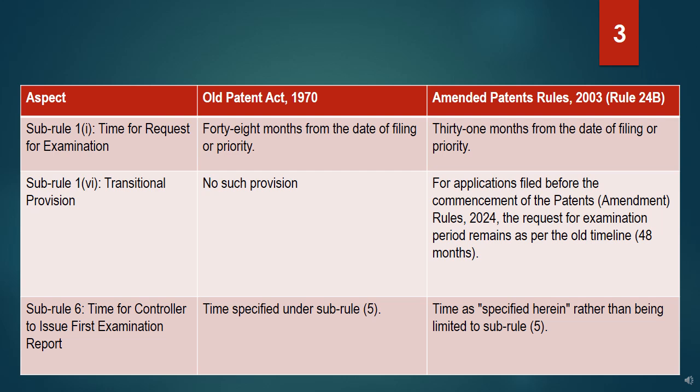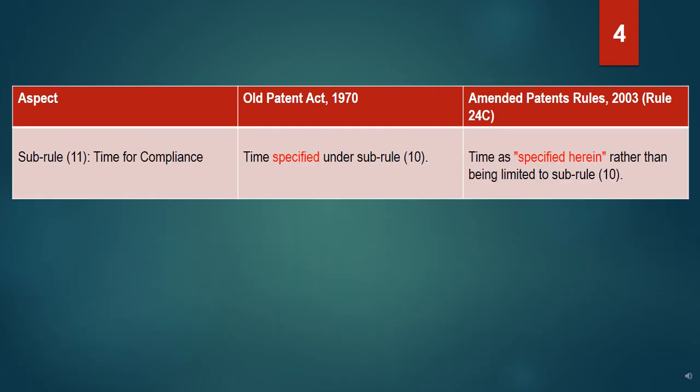And third one is a small wording change clarifies that all time limits are stated in the current rules. This amendment speeds up the patent examination process for new applications while protecting older ones from sudden changes in the rules.